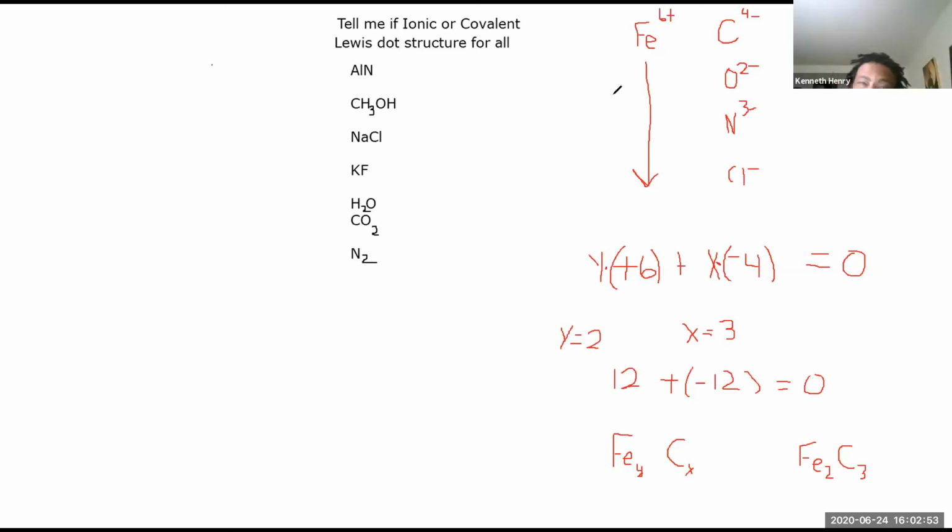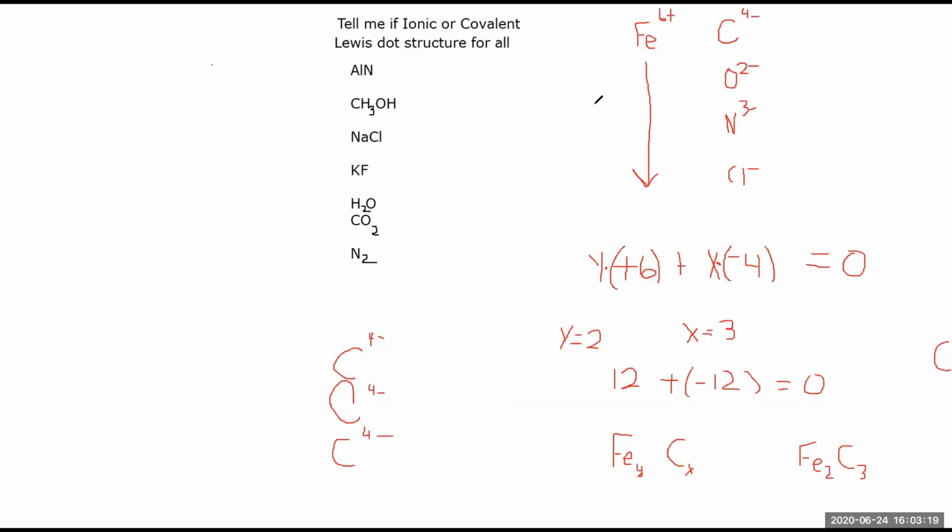So you want to confirm that, right? It's always best to confirm it. So if I have 3 C's, each of them are plus 4. I'm running out of room. Let me put this over here. I have 3 C's. Each of them are 4 minus. And then I have 2 Fe's. Each of them are 6 plus.